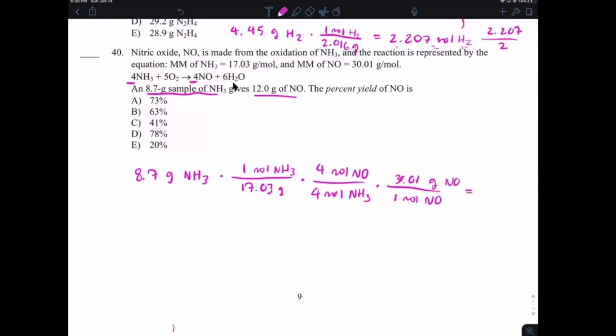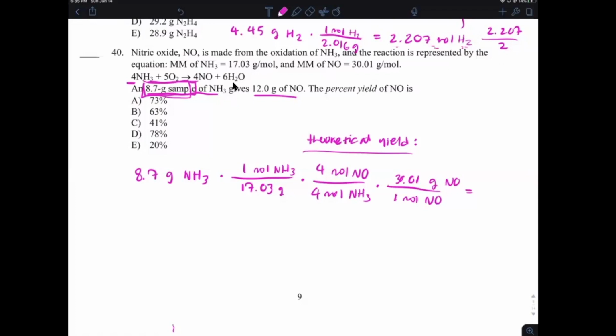All right, so what we calculated here is the theoretical yield. Does that make sense? Because we start with what we're given and we calculate the theoretical yield. So basically, what would we get if we used up all of this 8.7 grams of NH3?